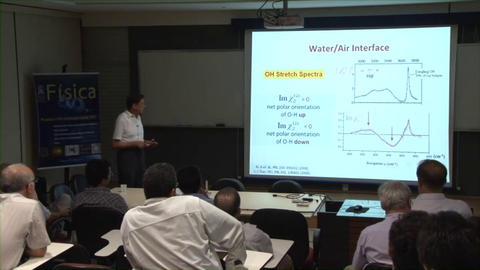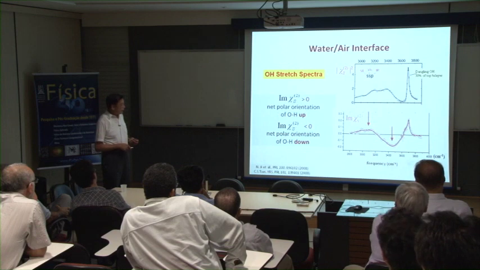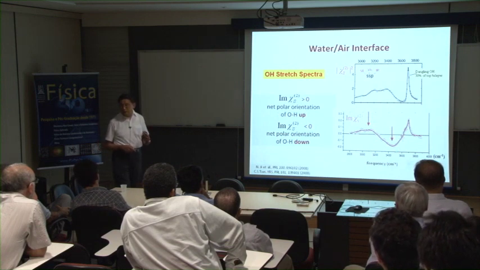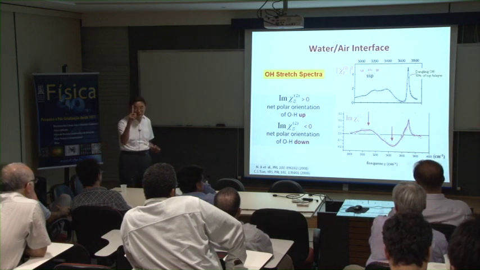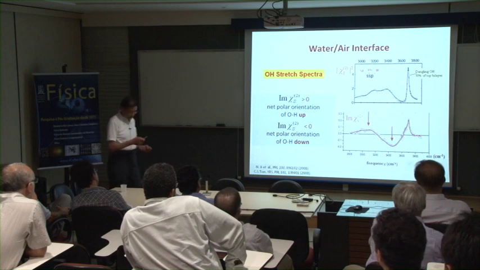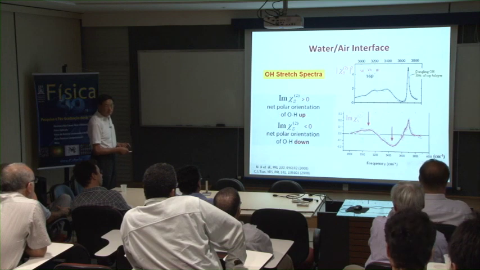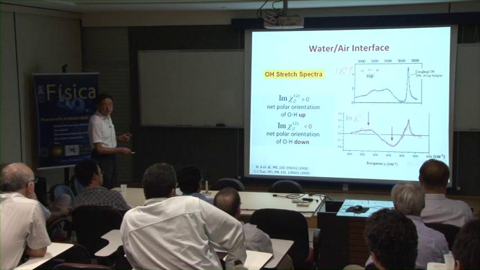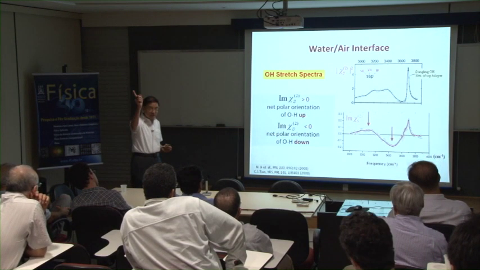With the phase information, I can get the imaginary part of the susceptibility, which is directly related to the resonance. If it's positive, it indicates OH is pointing up. If it's negative, OH is pointing down. From this, you can see part of the species with OH pointing up, and part of the species pointing down, and that is the dangling OH bond on the surface.